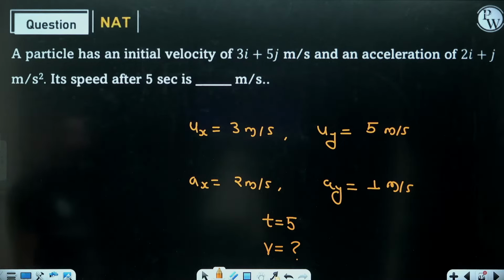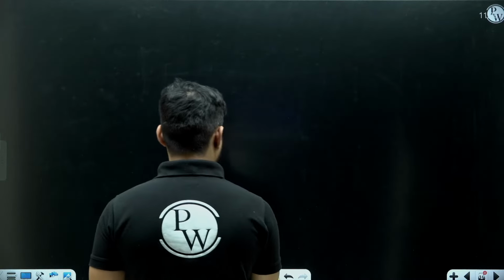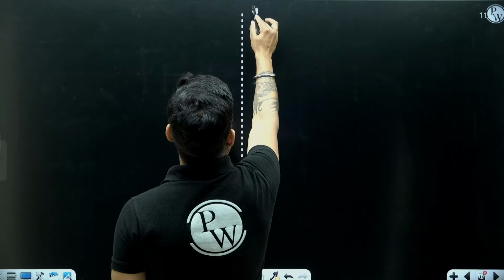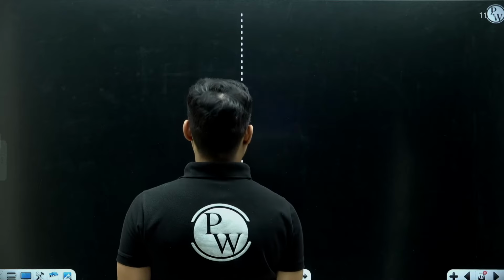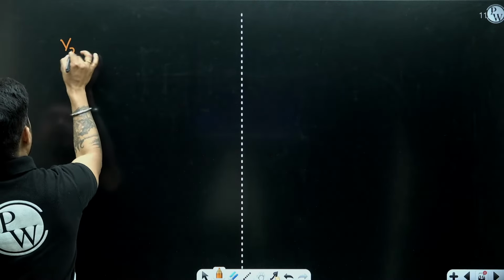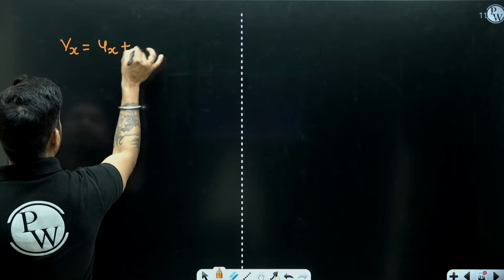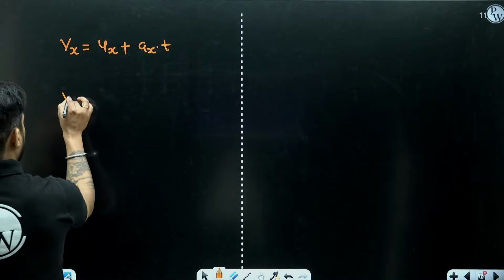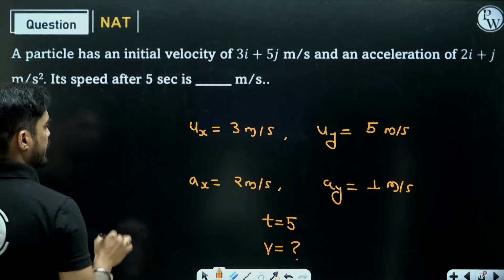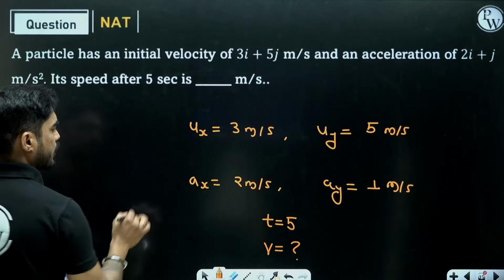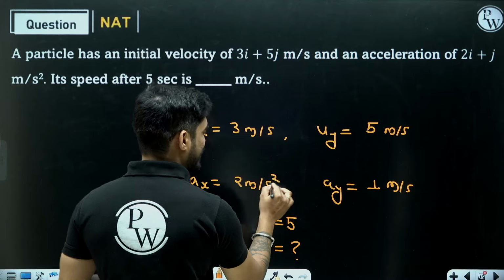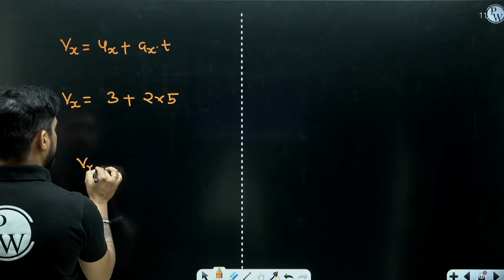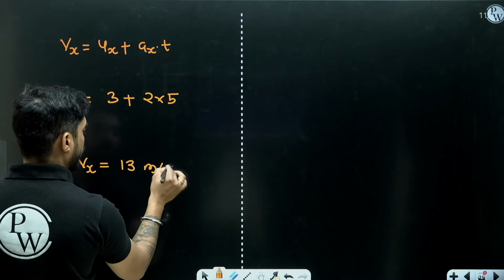So what we are going to do is find the velocity in x and velocity in y separately. So Vx will be equal to ux plus ax into t. So ux is how much? ux is 3 meter per second, ax is 2 meter per second square, and time is 5 seconds. So Vx is equal to 13 meter per second.